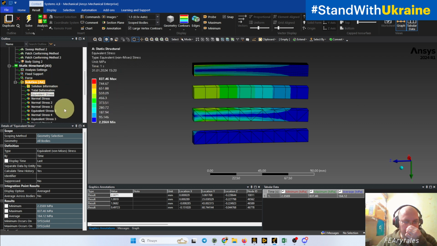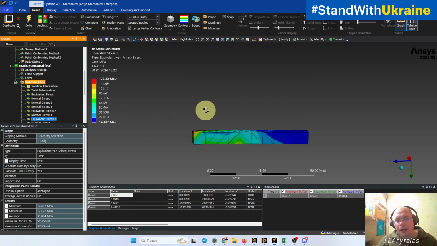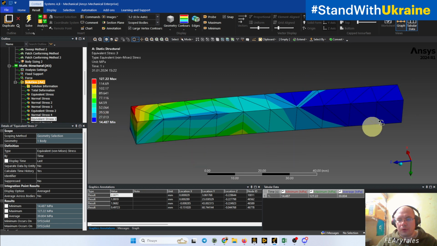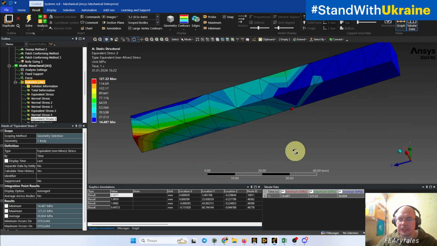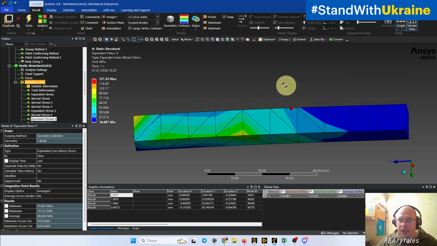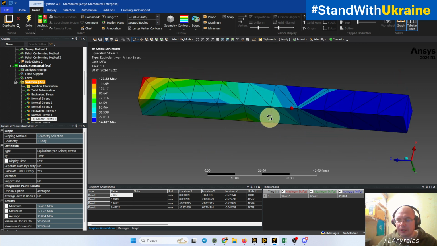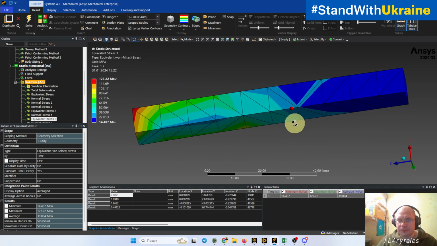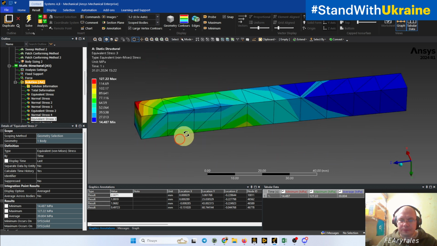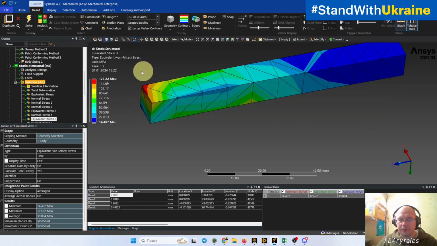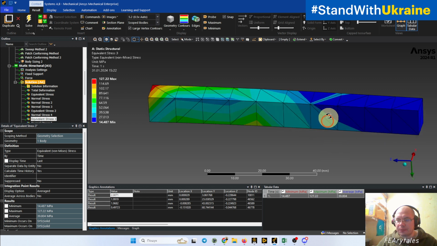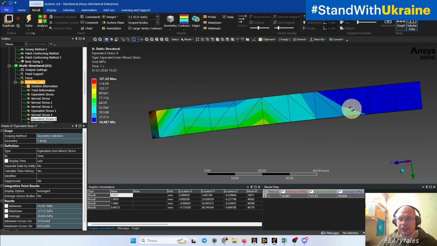So this time we use the scale only for this beam, and we can see that the stress distribution is very different from the accurate one and very, very tricky. It has a very strange line, it has one corner and so on. So it came with this mesh and it's very inaccurate.